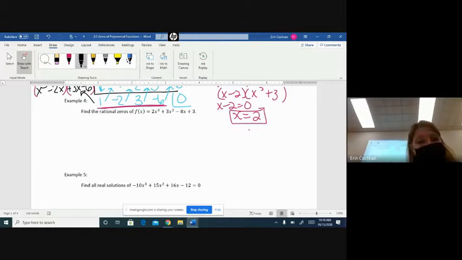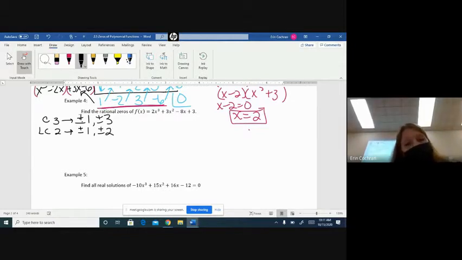What is my constant here? 3, right? So what are my factors of 3? Plus or minus 1 and plus or minus 3. What's my leading coefficient? 2. So I have plus or minus 1 and plus or minus 2, right? So my possible rational zeros, I'm going to take the constant and divide it by the leading coefficient.